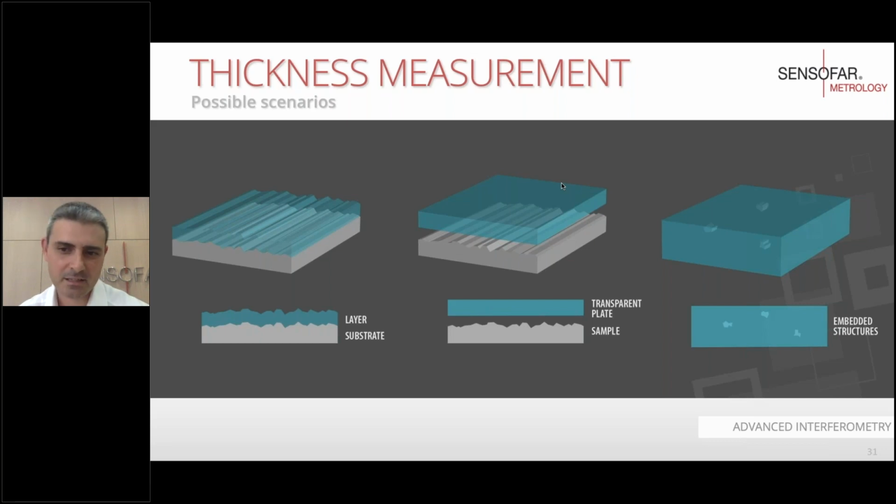The third case is embedded structures in transparent materials like bubbles in glass, in which you also have some optical effects that we have to take into account if the purpose is to measure the three-dimensional topography of these bubbles inside the materials. Today I will concentrate basically only on the layer and substrate, the case on the left.